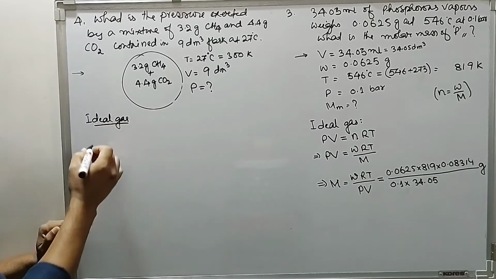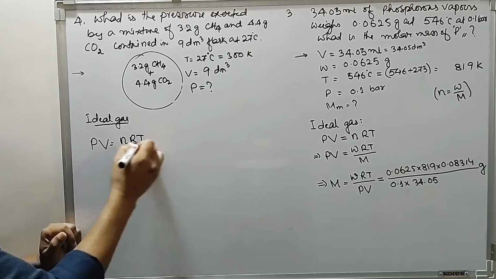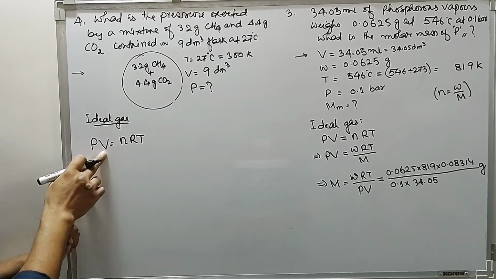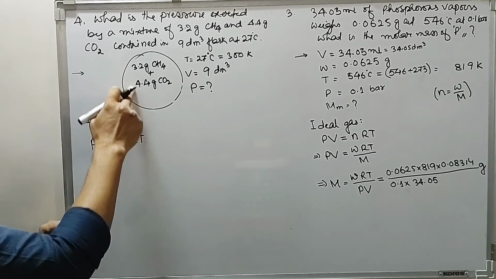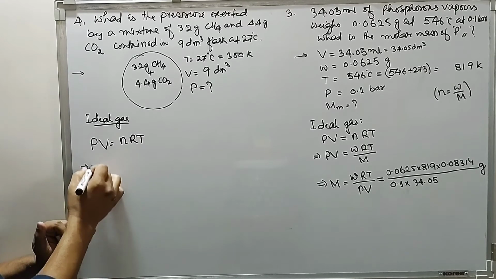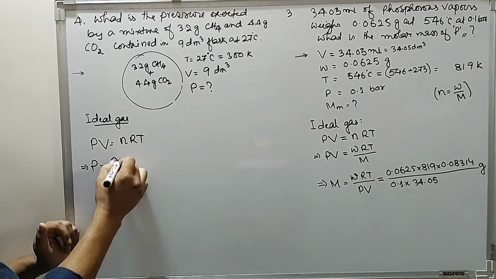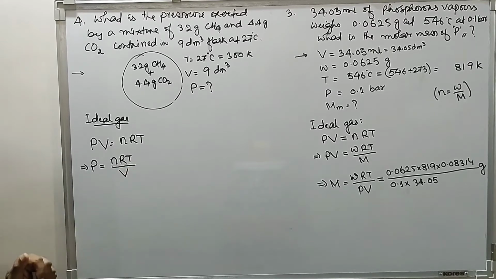So ideal gas equation says pressure volume is equals to nRT, because volume is given, R is a constant, T is given, and we have to define n from mass. So what is left is pressure. So therefore pressure is equals to nRT divided by V.